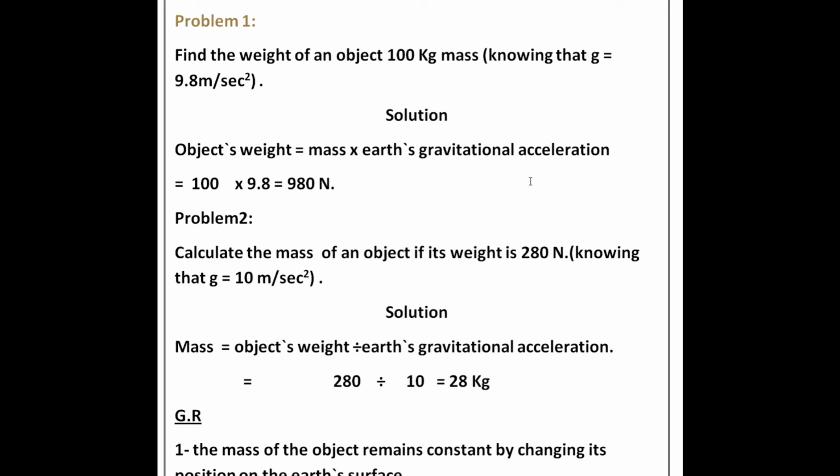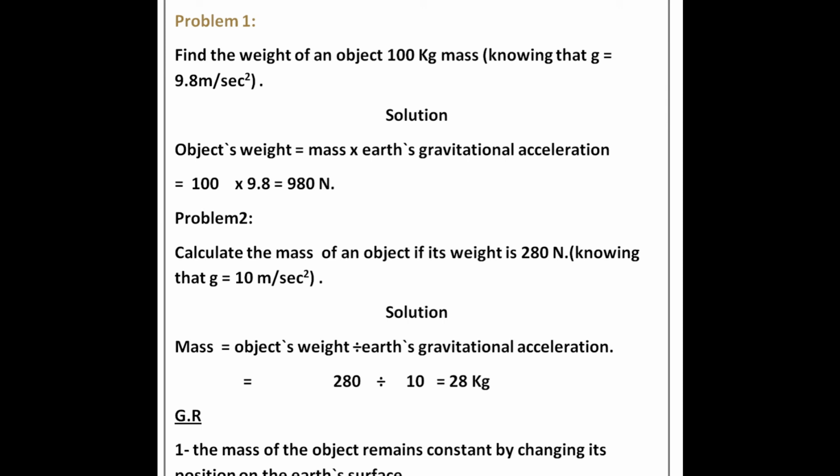The book gives me the value of the Earth's gravitational acceleration, 9.8 meter per second squared. I put the values and multiply: 100 times 9.8 equals 980 Newton. This is the first one.